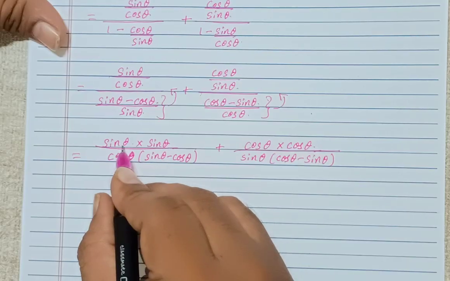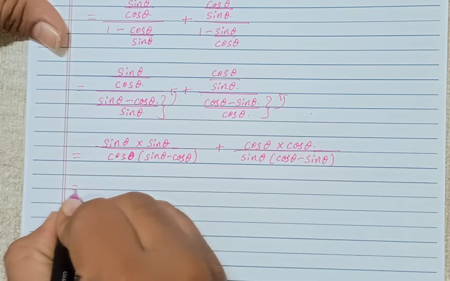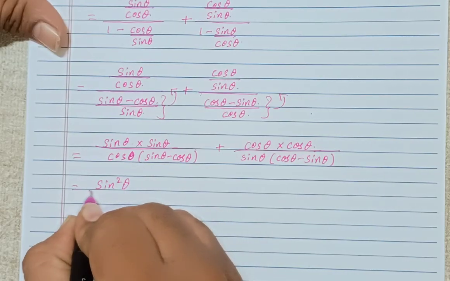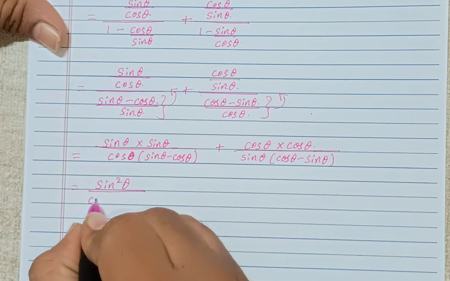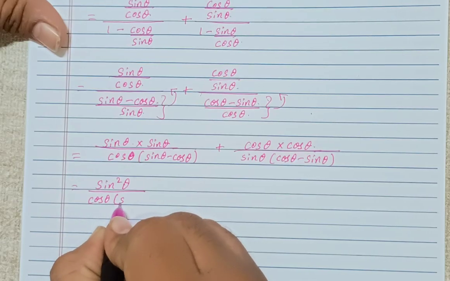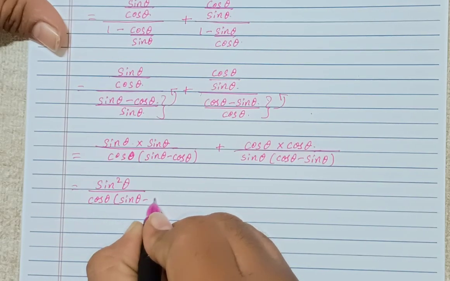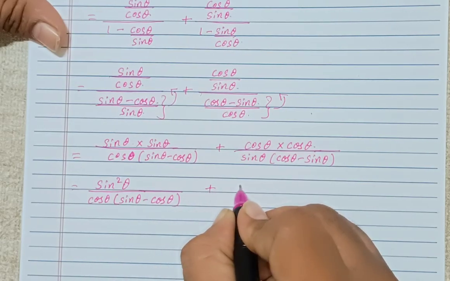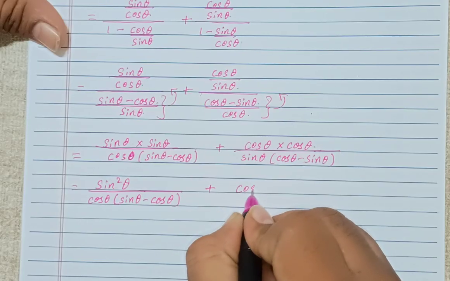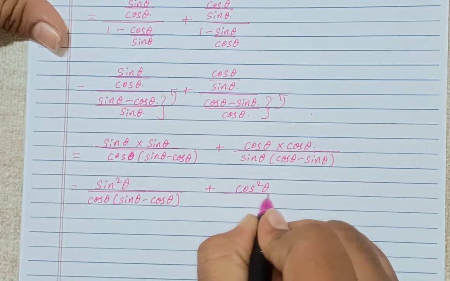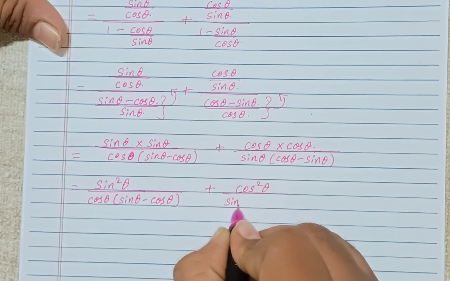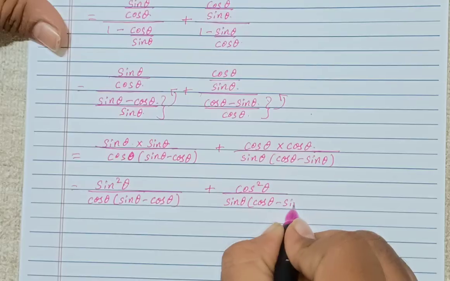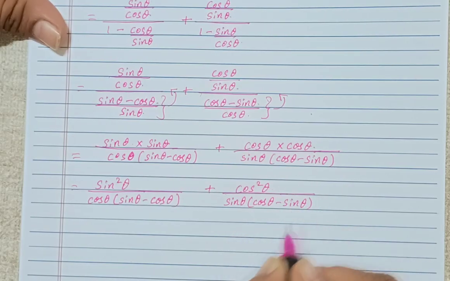Okay. Next step: sin theta into sin theta is sin square theta, divided by cos theta into (sin theta minus cos theta), plus cos theta into cos theta, that is cos square theta, divided by sin theta into (cos theta minus sin theta).